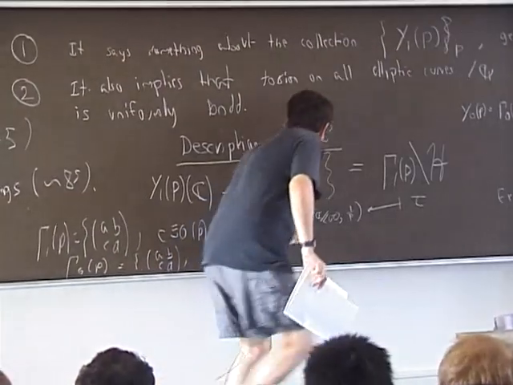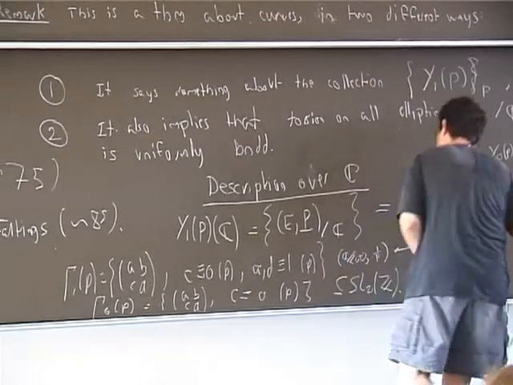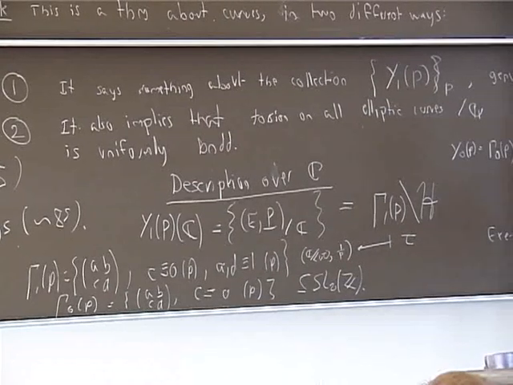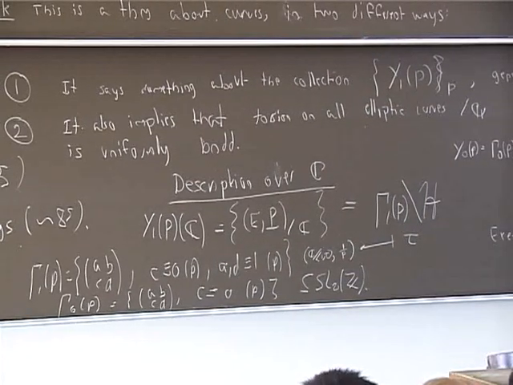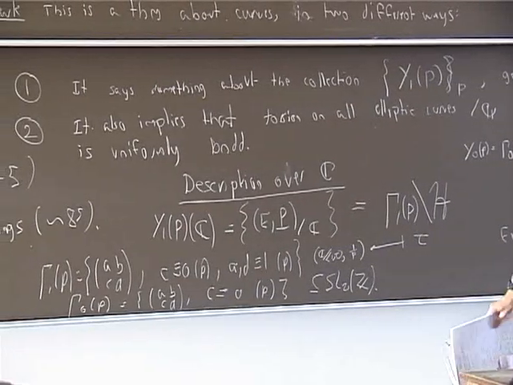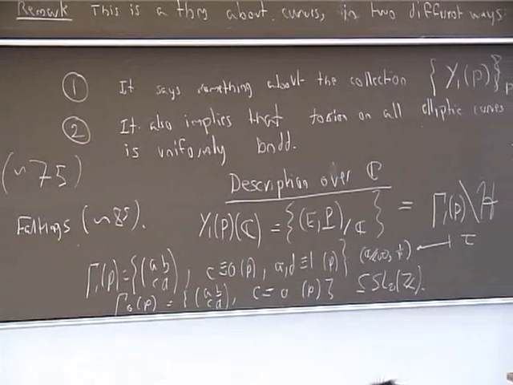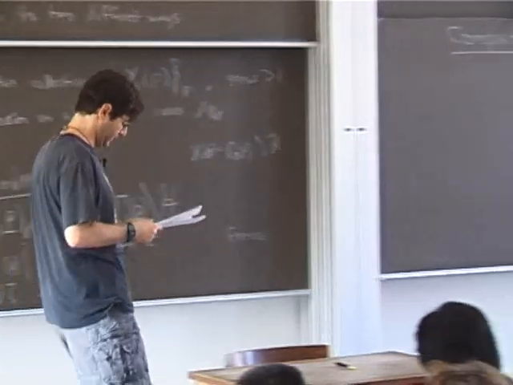So these are all subgroups of the 2 by 2 matrices with integer coefficients, SL2(Z), and the action on H is by Mobius transformations. Okay, so we have a fairly concrete understanding of what this curve looks like analytically as a complex curve. It's a quotient of H by one of these very specific subgroups.